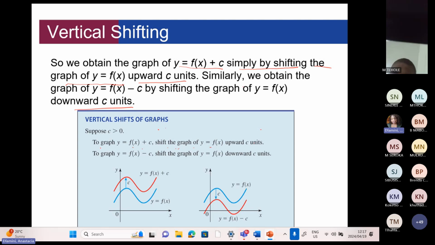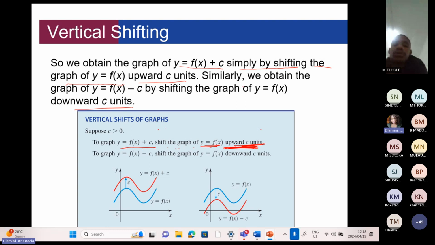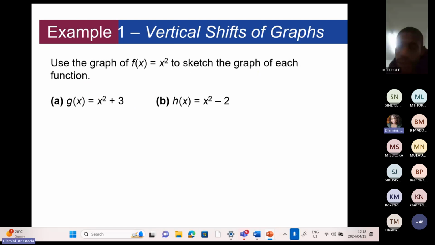So they said to graph this function here, shift the original graph upwards by c units. And then to graph this, shift the graph c units downwards. Are we all okay, or should we go to an example so that we understand it properly? Yes, ma'am. We can go to the example. Example, please. There we go.